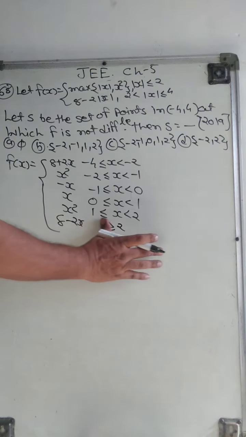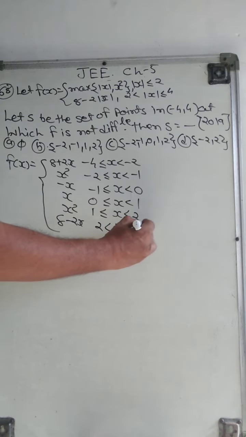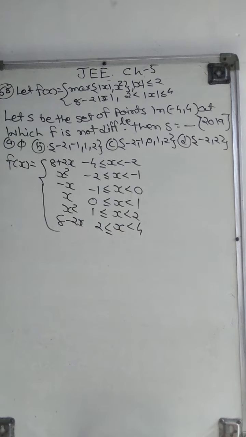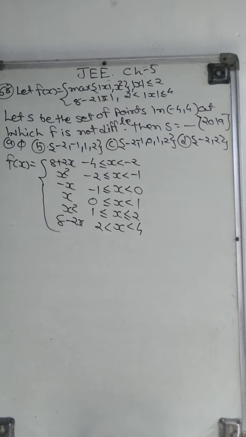Or we can say 2 less than x less than 4, right? So this way we find the function. Now we draw the graph of this function and then we discuss it.